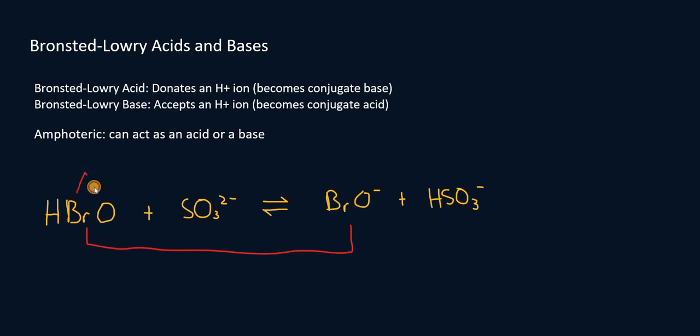So we'll call this our acid, and we'll call this our conjugate base because it lost that hydrogen ion. SO3 minus looks like it picked up that hydrogen and became HSO3 minus. So we will call this our base, and we'll call this our conjugate acid.